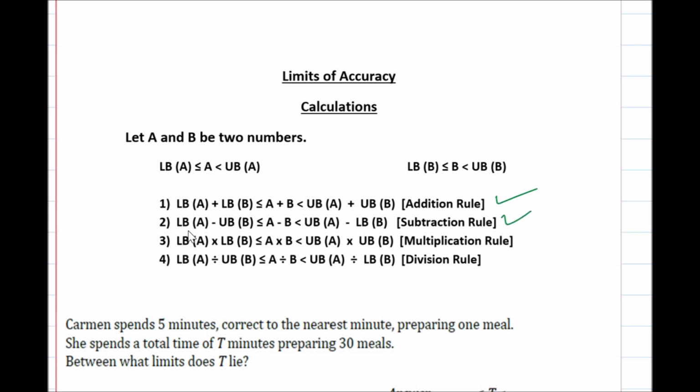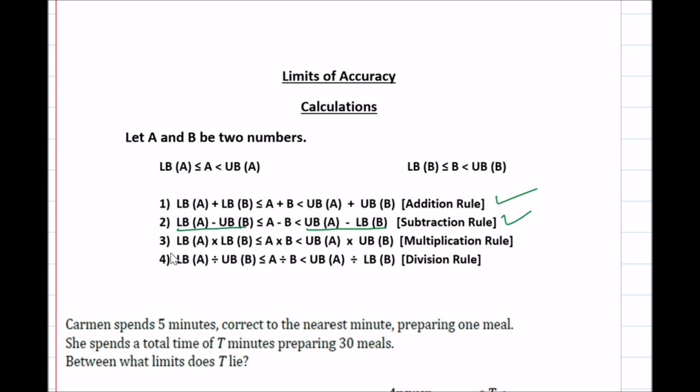Here the rule is reversed. Lower bound of A minus upper bound of B gives us the lower bound of the difference A minus B. And if you have to find the upper bound, we have to be very careful in this rule. Upper bound of A minus lower bound of B.